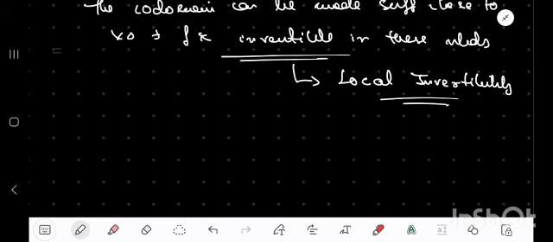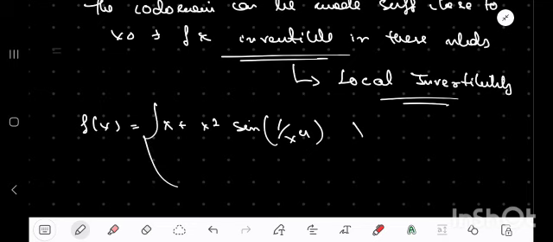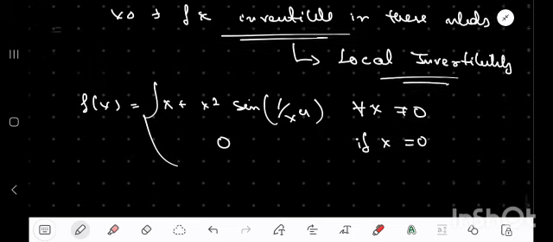Okay, as an example, you can choose this map. Let's say f of x equals x plus x squared sine of 1 upon x to the fourth, defined for all x non-zero, and 0 if x equals 0.